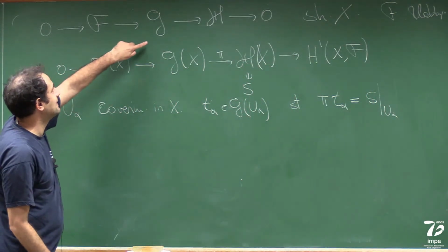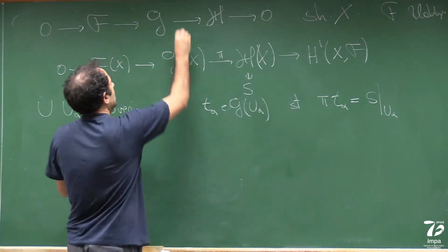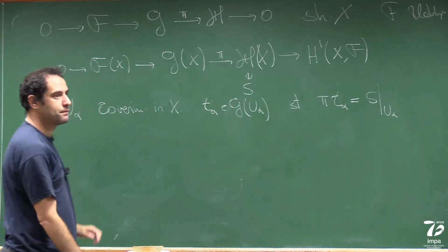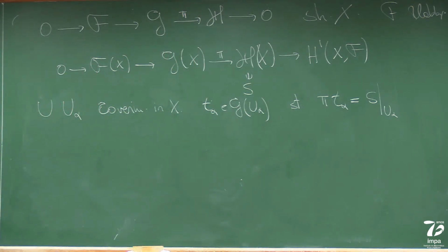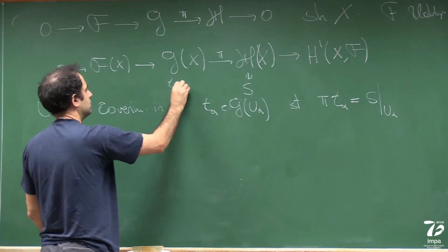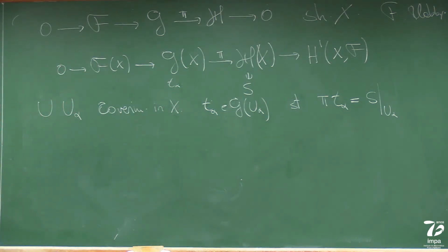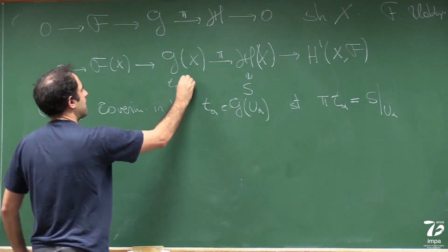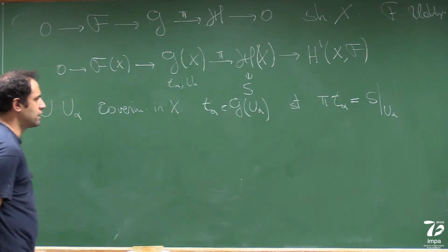So that was the fact that this map is surjective as a map of sheaves. So I have these T alphas and my covering U alphas.